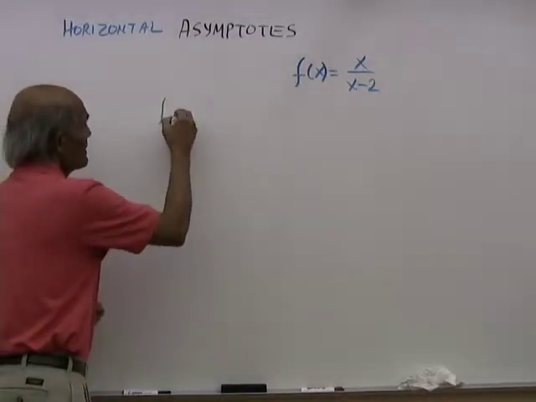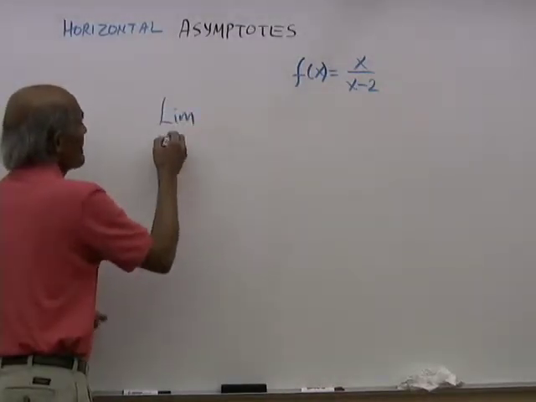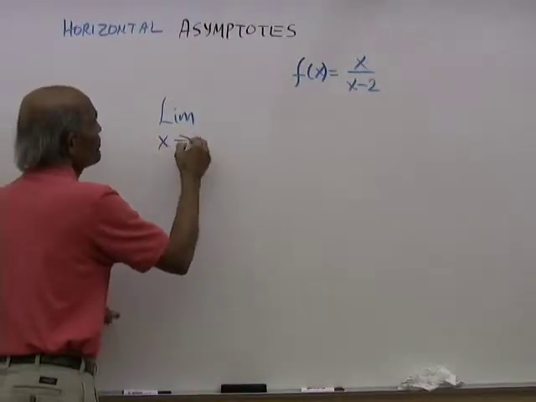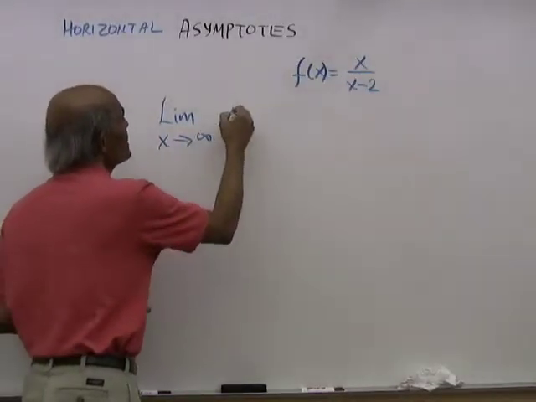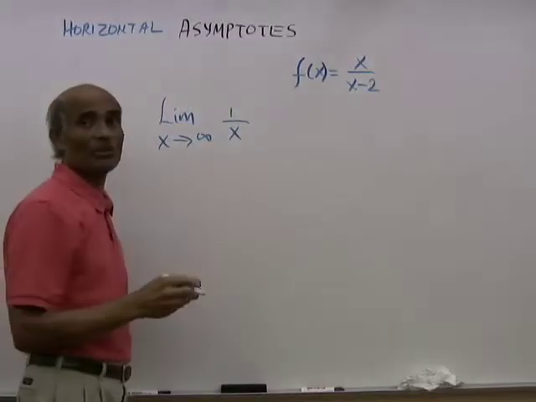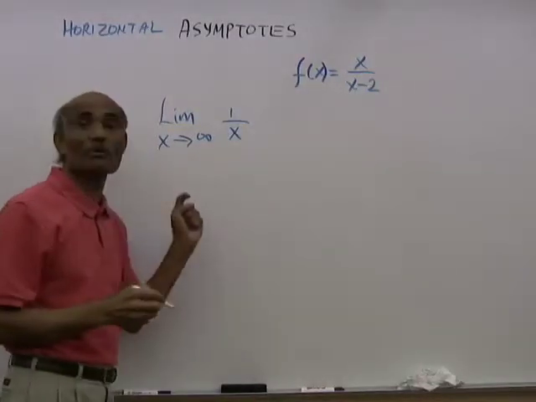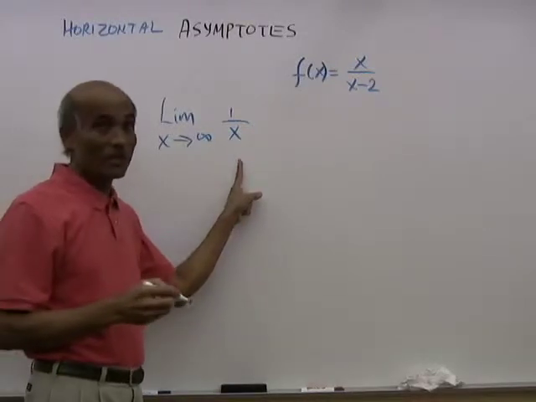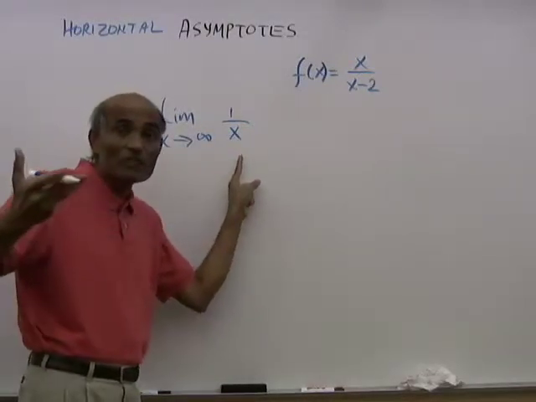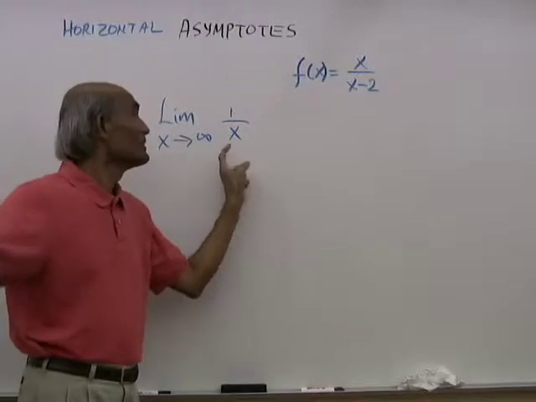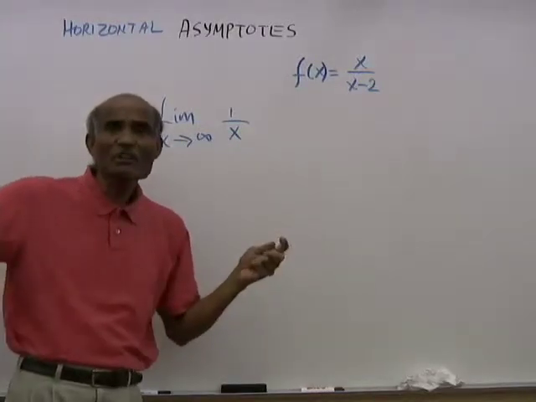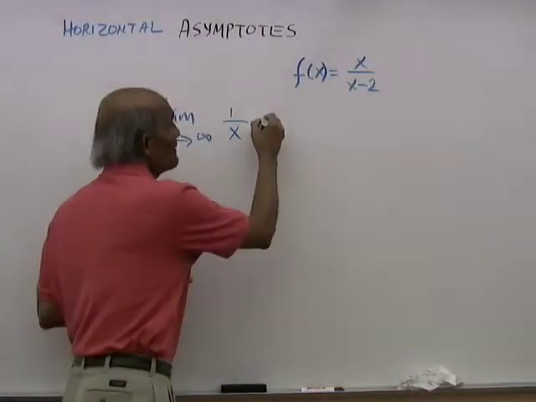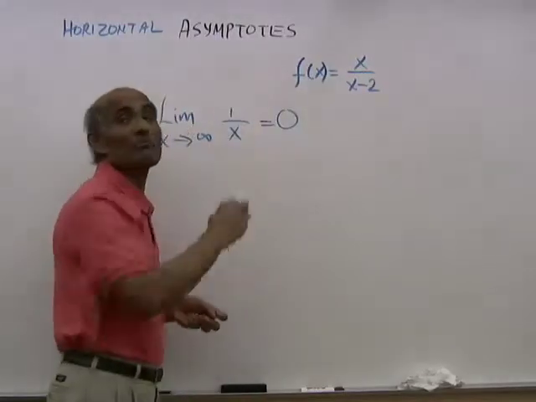What is the limiting value of, say, x goes to infinity 1 over x? What is limit x approaches infinity 1 over x? Now, in this case, as x increases without bounds, the denominator increases without bounds, and the value here will approach 0.